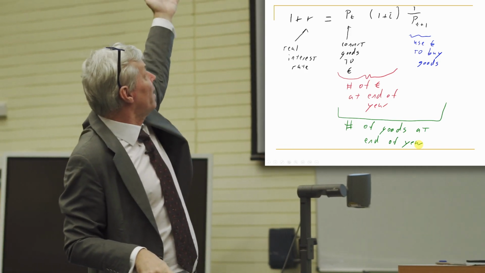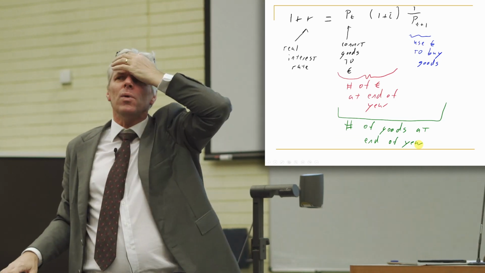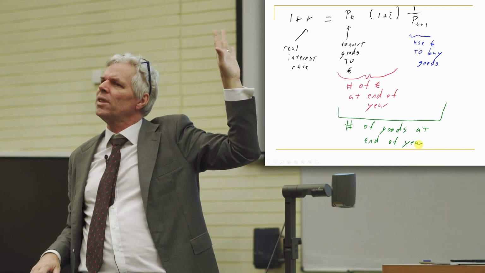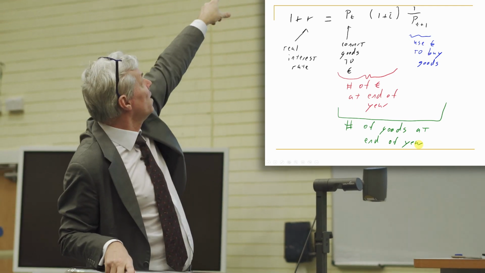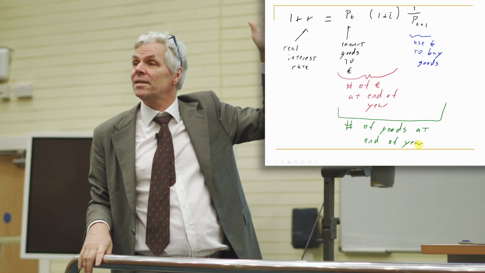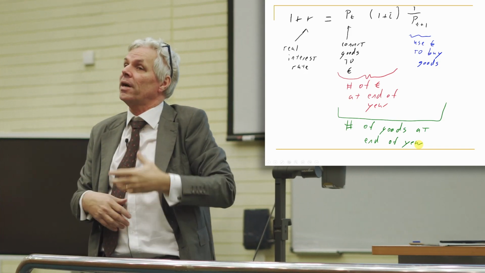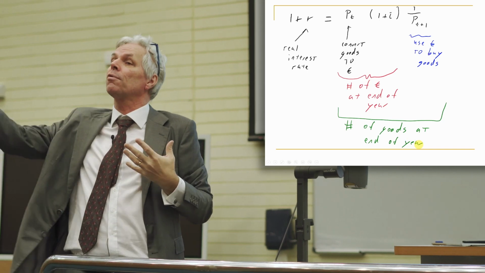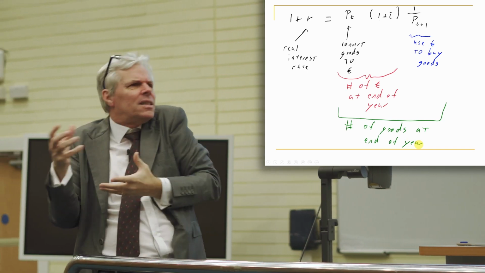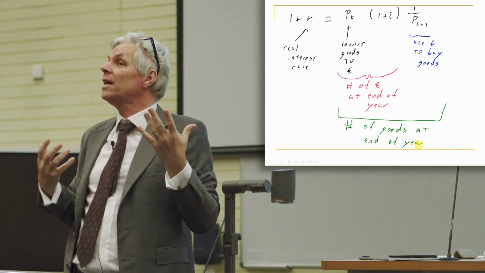So here we have the definition of the real interest rate, but we said it had something to do with inflation, right? We said the real interest rate had something to do with the nominal interest rate and inflation. And here I've got the nominal interest rate, but I don't really have inflation. I've got prices. I've got prices today, P_t, and I've got prices tomorrow when I'm selling my goods, P_t plus 1. And clearly that's related to inflation, but it's not inflation itself.